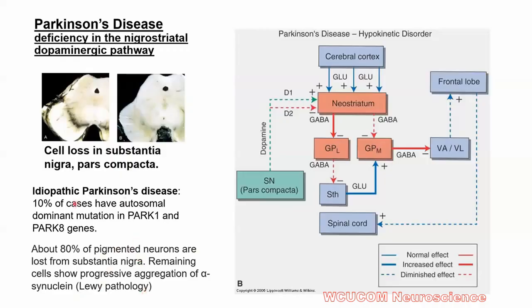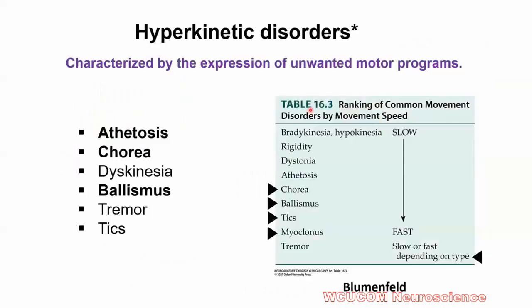There are rare inherited cases with mutations, but in most cases it is sporadic and completely unknown why these cells die specifically, leading to the incredible loss of dopamine from neostriatum. So this was Parkinson's disease.